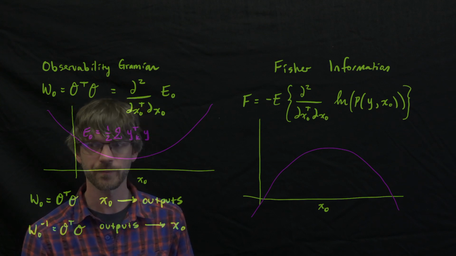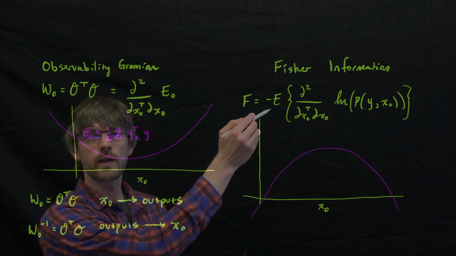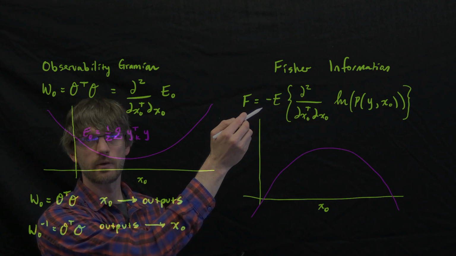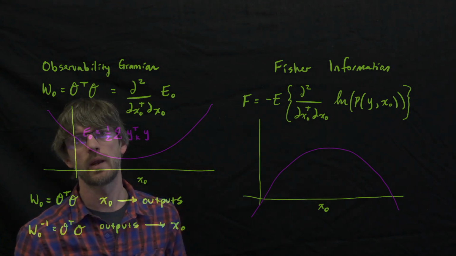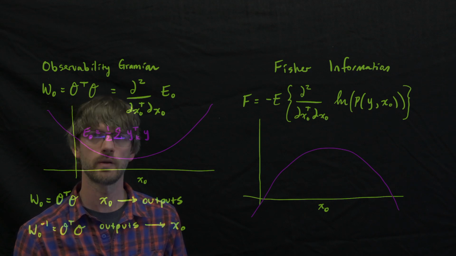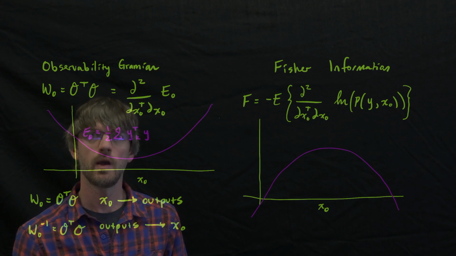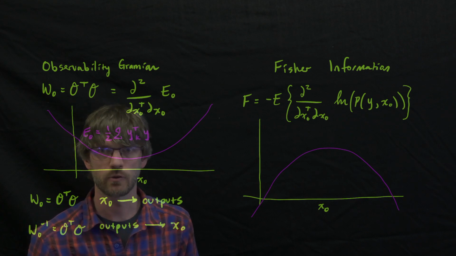Now, note that in the Fisher information calculation, we're calculating negative the expectation. So the expectation is what handles the uncertainty in this system. Remember, we are considering the effects of sensor and process noise. How do those contribute to the overall observability of our system, the overall ability to estimate the initial condition?